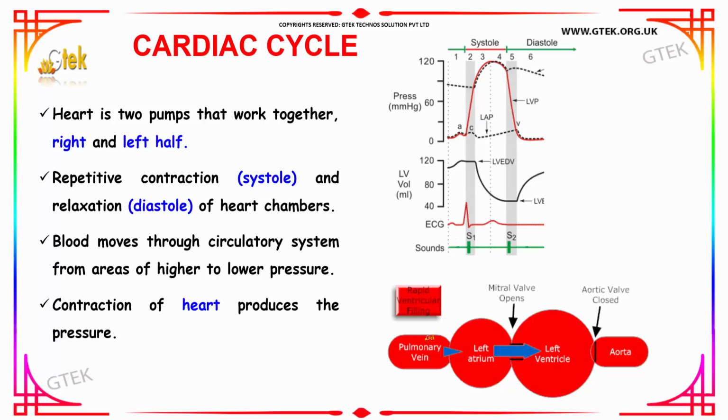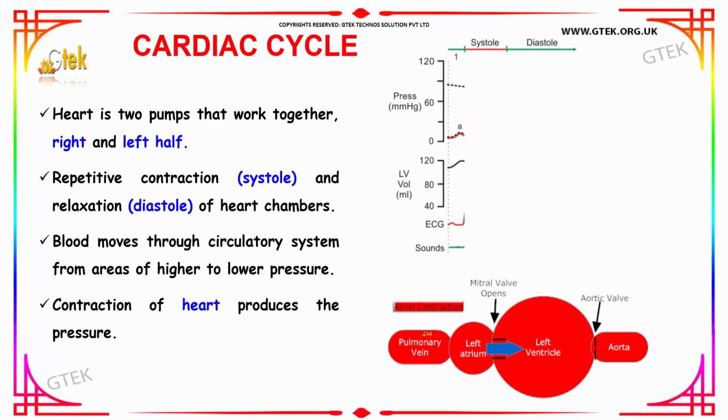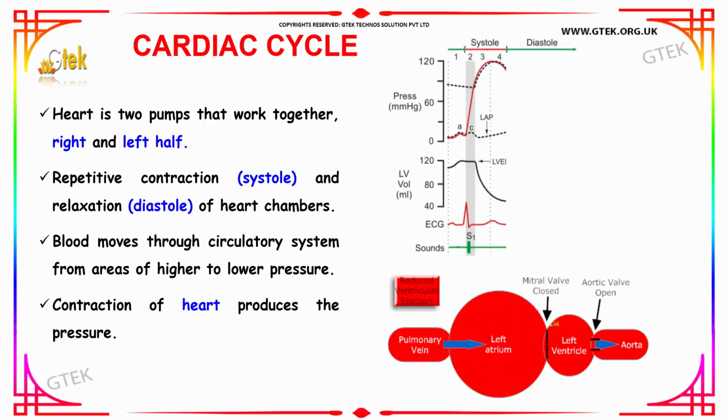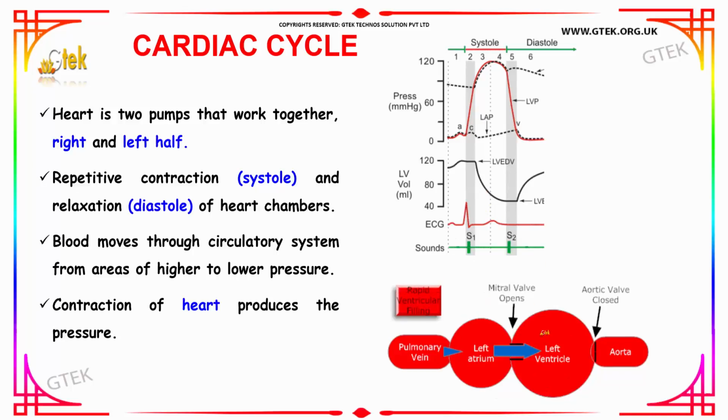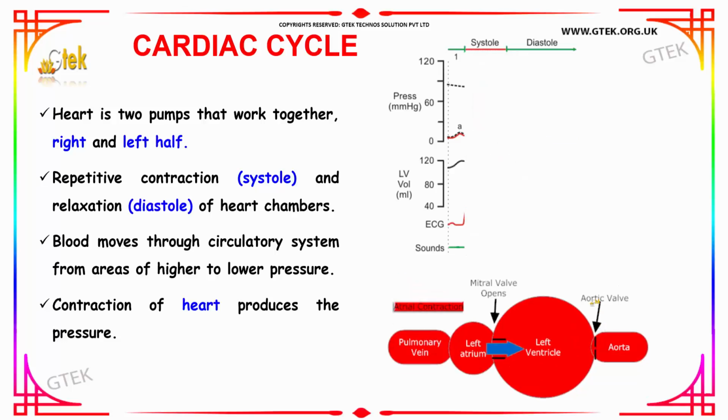So initially, when the blood enters from the pulmonary vein into the left atrium, the bicuspid valve opens and leads the blood into the left ventricle, which passes through the aortic valve into the aorta.